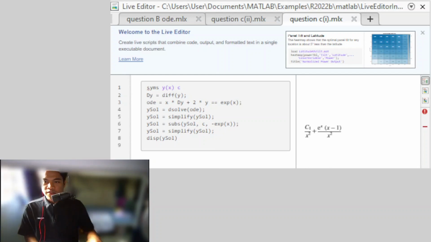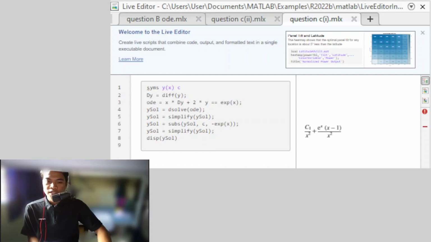The line 4, ySol equals dsolve(ODE), solves the differential equation using dsolve and assigns the solution to ySol. The line 5, ySol equals simplify(ySol), simplifies the solution using simplify.